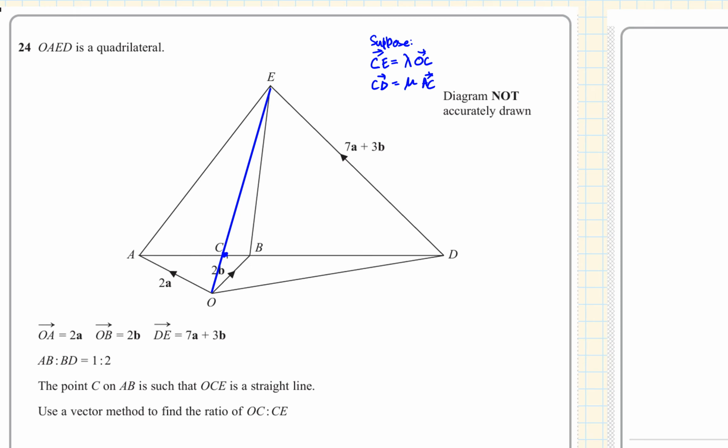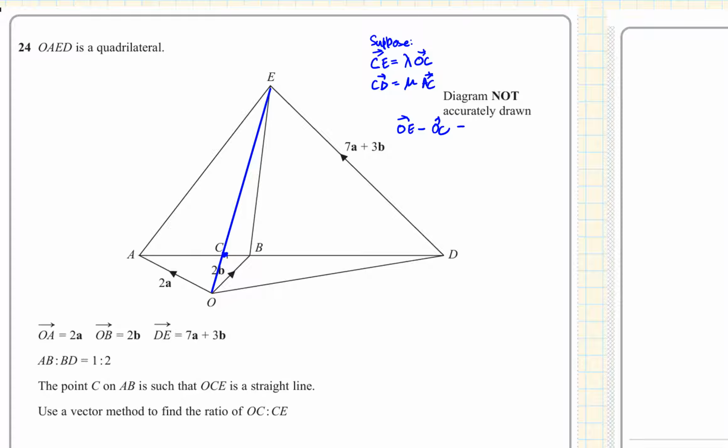So then I can write, for CE is equal to lambda times OC, CE I can write as OE minus OC, because these are all vectors.